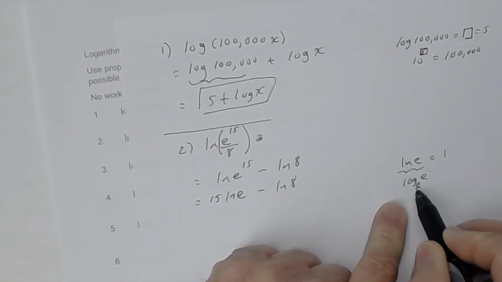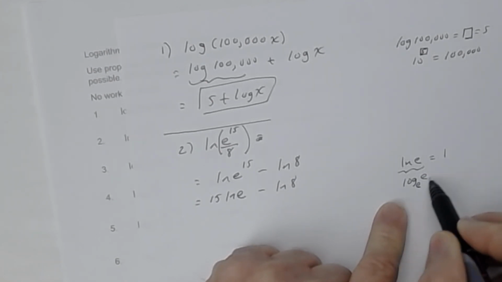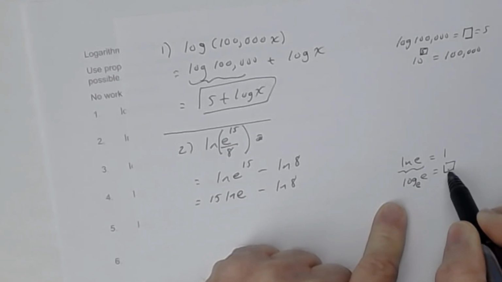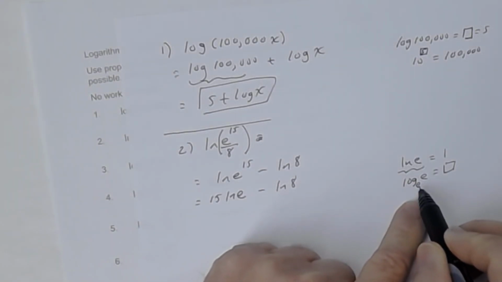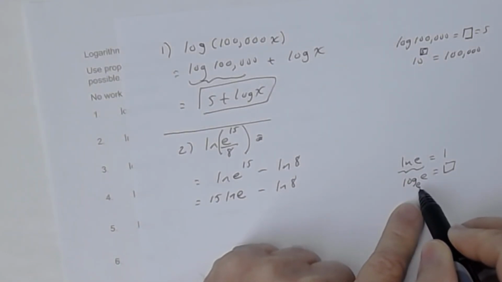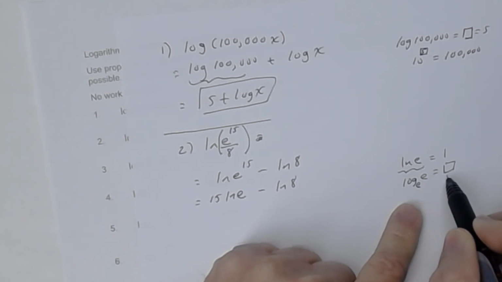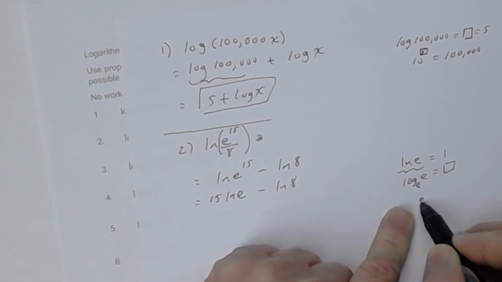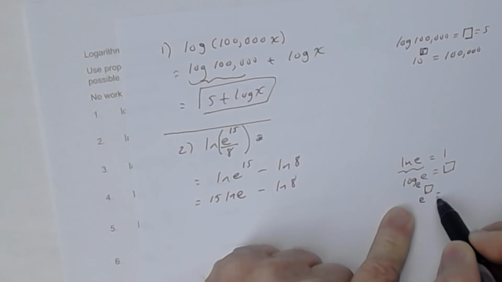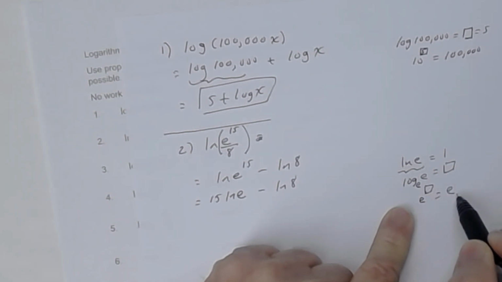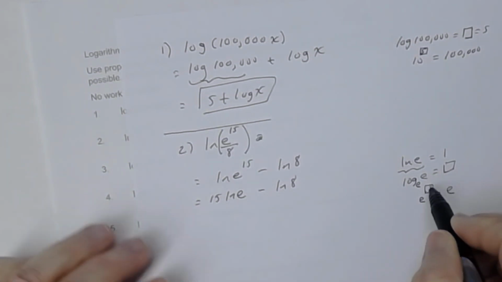So the ln means the same thing as log base e. And then, remember, we did this. So now we're going to change this to an exponential equation. So we have the base, which is e, raised to what power? So e raised to what power is e? Well, e to the first is itself. So that's how we got that 1 here.